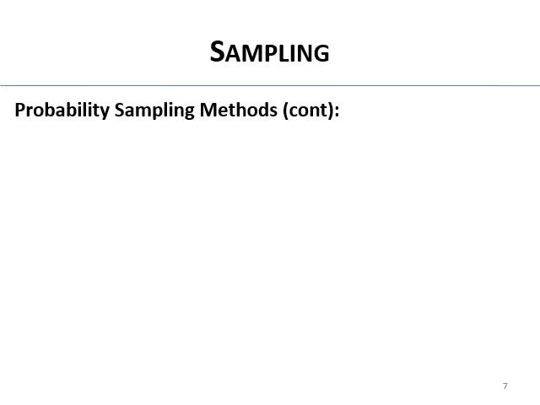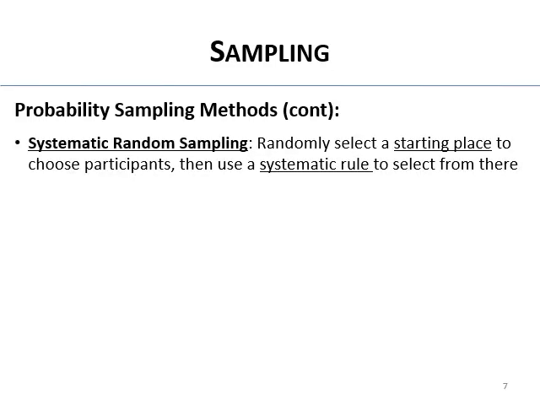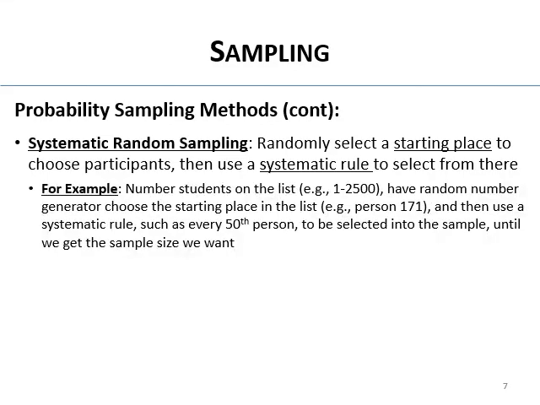So continuing with probability sampling methods, there's also systematic random sampling. Systematic random sampling is when you randomly select a starting place to start choosing participants, and then you use some sort of rule from there on to select. So for example, let's say you were picking your students again from Alliance, and you number the students on the list, 1 to 2,500.